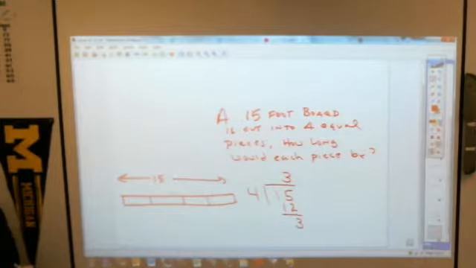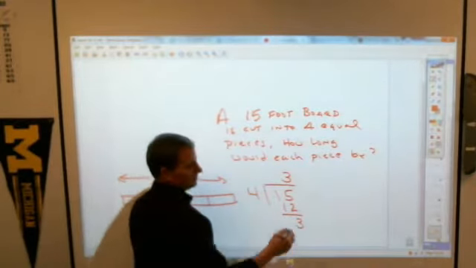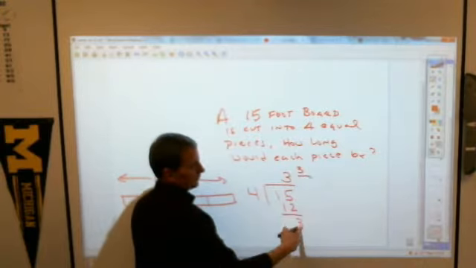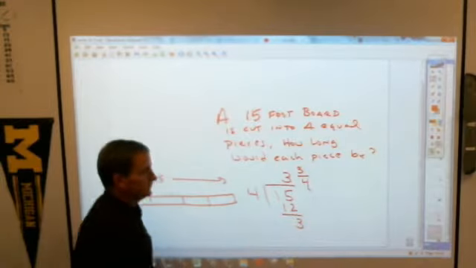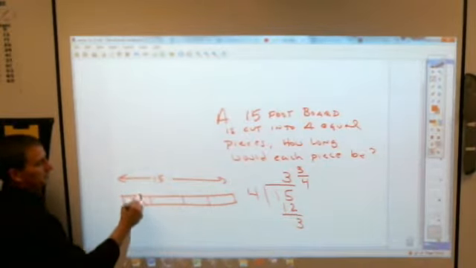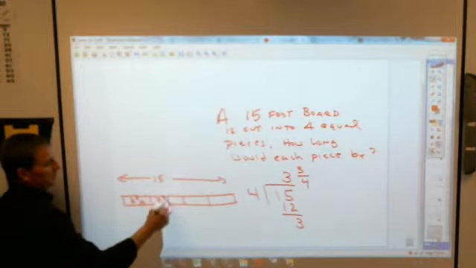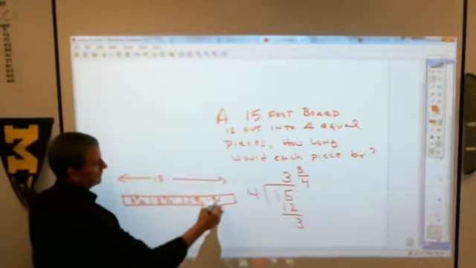So what am I going to do with that remainder, Frankie? What's my fraction going to be? The 3 goes on top. 3 3/4. So each piece would be 3 3/4 of a foot. Guaranteed, if you added those all together, you are going to get 15.